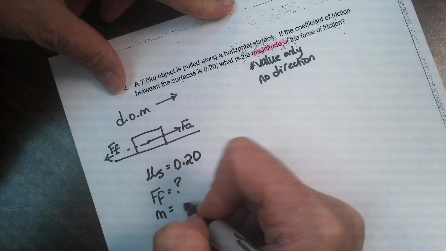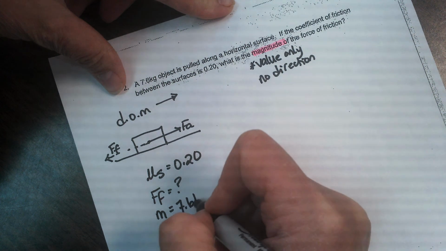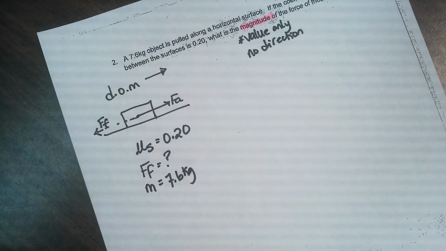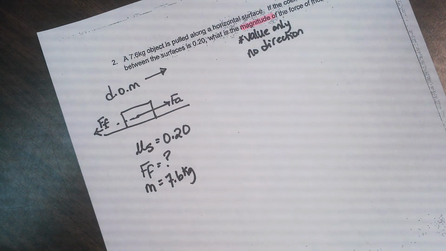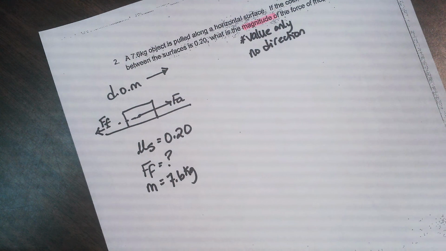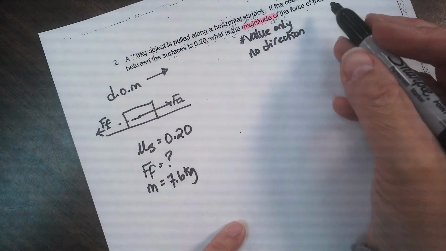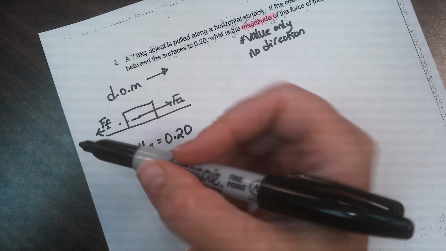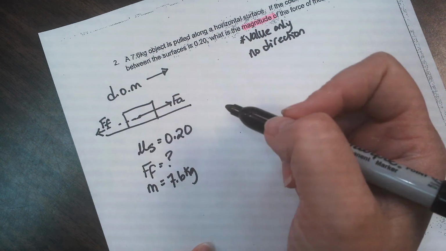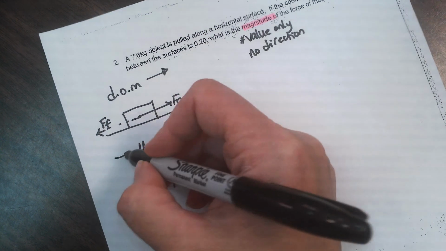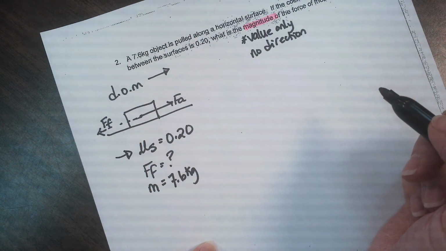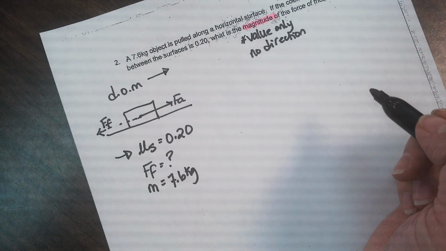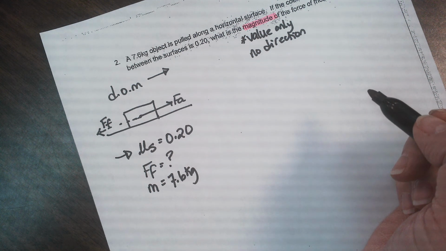And our mass is 7.6 kilograms. So if I'm looking for magnitude of force of friction, and this is the information that I have, there's two things I need to consider. This one here indicates that I probably am going to use a force of friction is equal to a coefficient of friction times force normal.